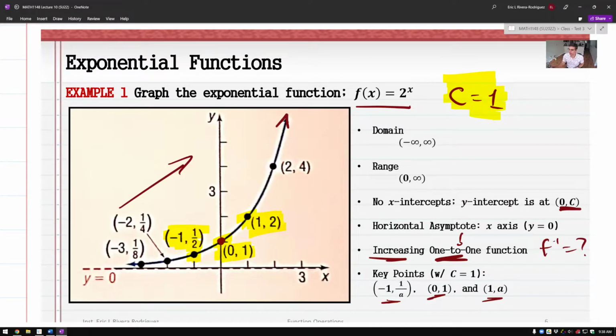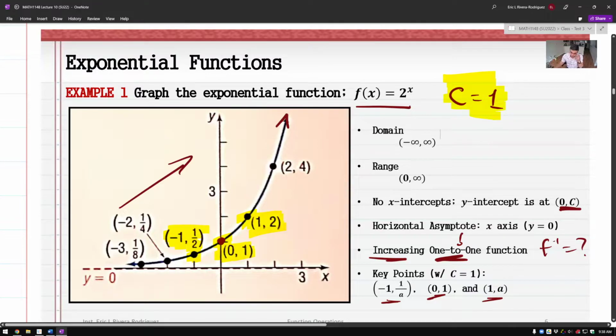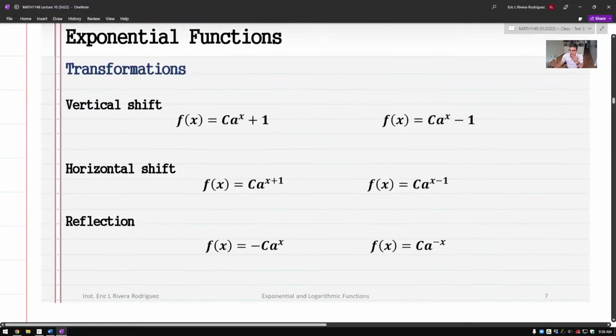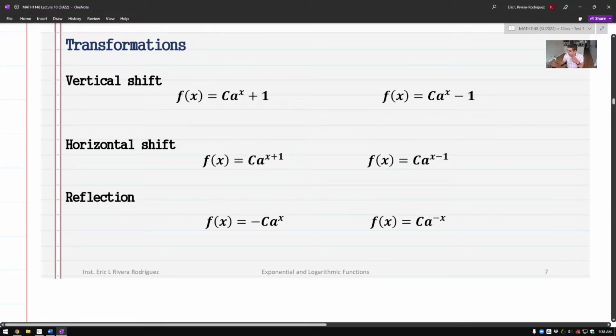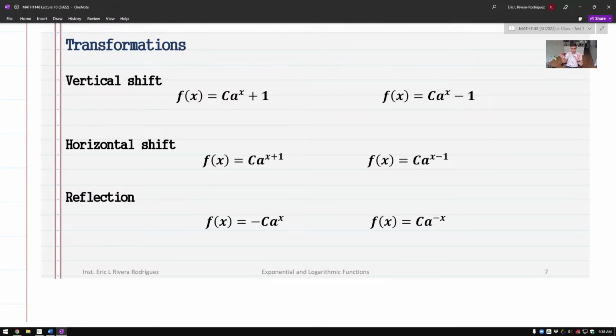Any questions so far? Okay, so we need to remember the transformations. Remember the effect of the transformation. See that horizontal shift is in the input group, vertical shift is outside the input group.